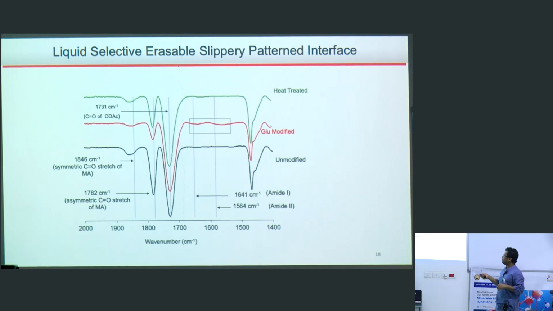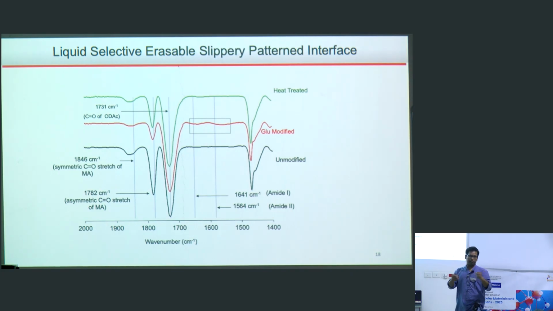And that has also been validated through FTIR characterization. After this post modification, you can see this amide peak appear, and after heating that is basically gone because it's buried.